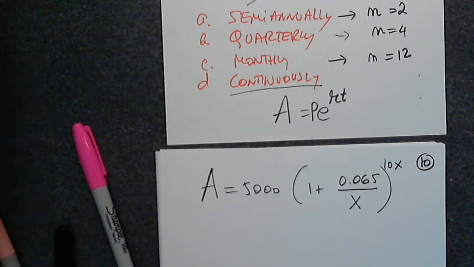Why did I create this function? It's because I don't want to repeat the same calculation 3 times. I want to put this function in the graphing calculator. Let's do that. So in y equals, let's put in the function. It's 5,000, left parenthesis, 1 plus 0.065 divided by x, close the parenthesis, put the power, and in parentheses, 10x.